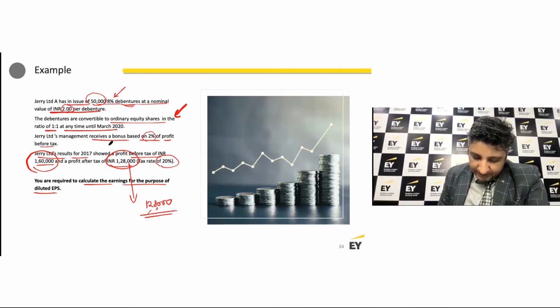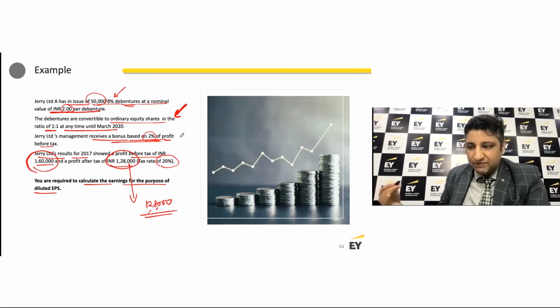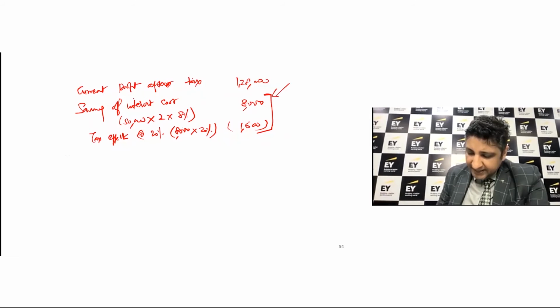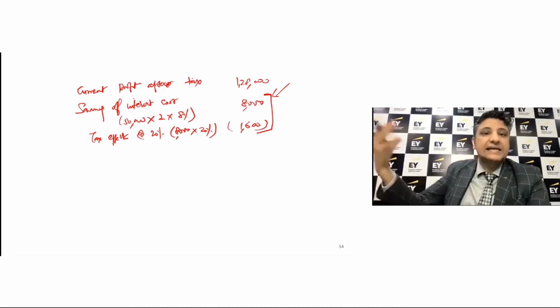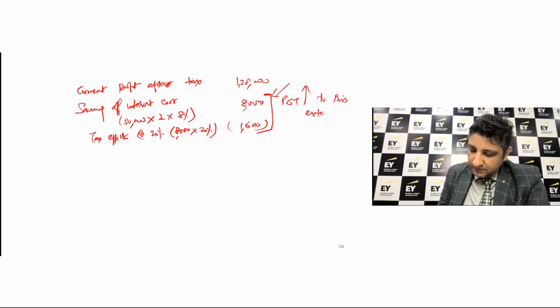Also, it is provided the company's management receives a bonus on 2% of PBT. Now, the moment we say that 8,000 rupees is saved on the interest cost, your profit before tax increases to the extent of 8,000. So on this 8,000, you are supposed to now pay 2% as bonus. So the bonus impact shall be 8,000 into 2%, which makes it 160.